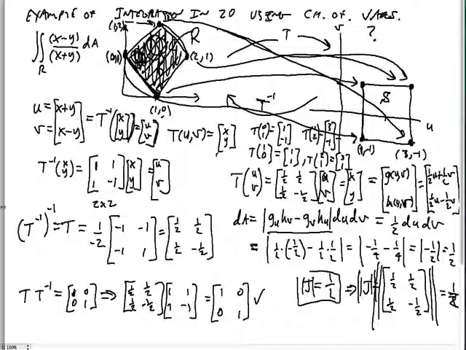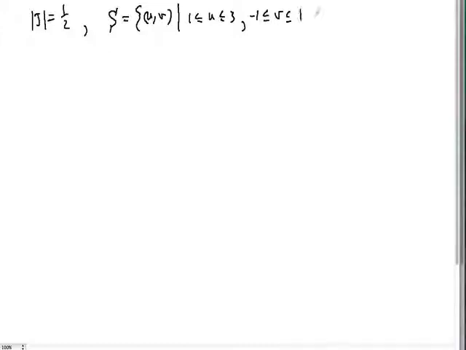So now we can do this change of variables. I said the determinant of the Jacobian was 1/2, and this new region S is the set of u, v such that u is between 1 and 3, and v is between negative 1 and 1.